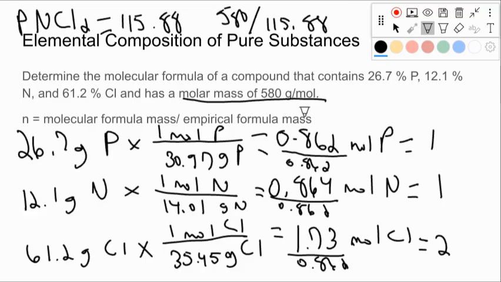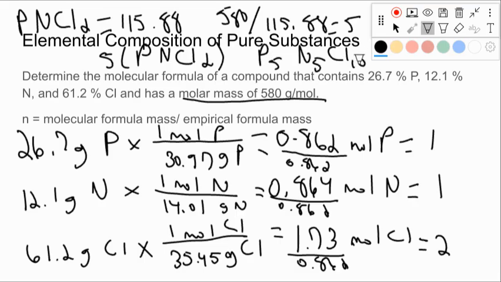And this comes out to 5. So then that is what I multiply into my chemical formula. So then I'm going to do 5 times PNCl2, and I end up with P5N5Cl10. And if I added the mass of that, it would come out to 580. That is the molecular formula.